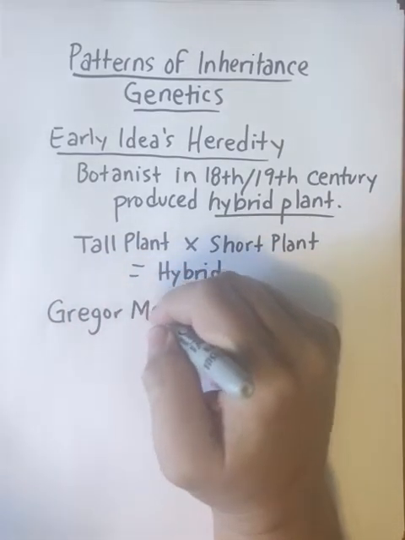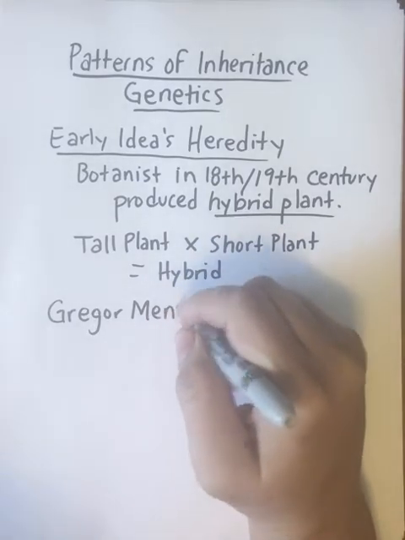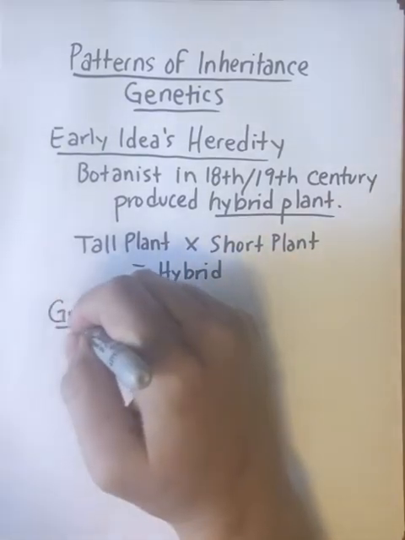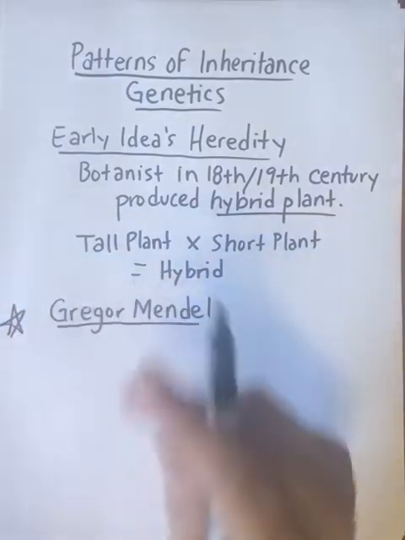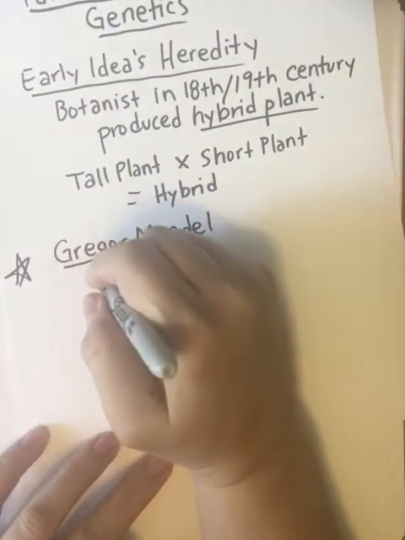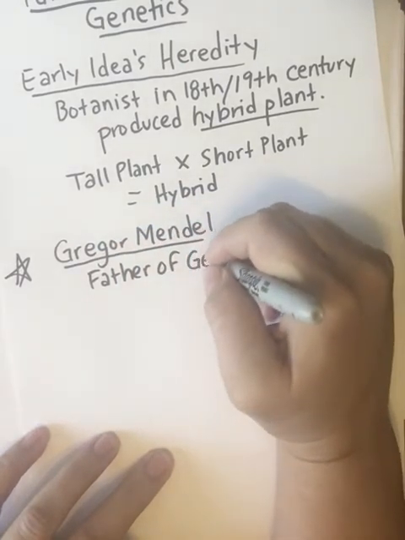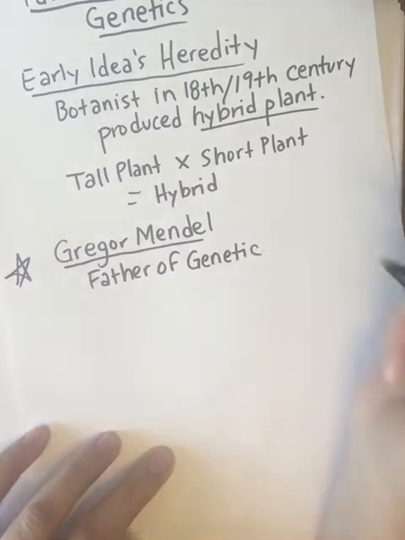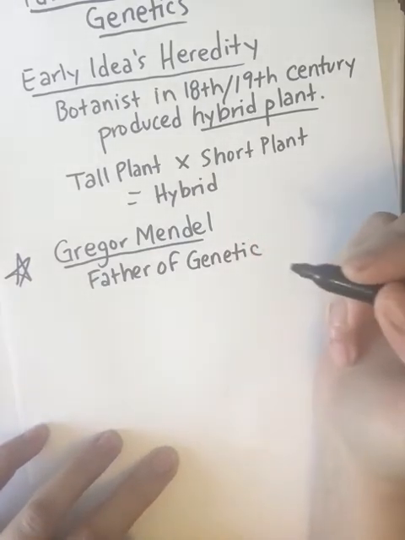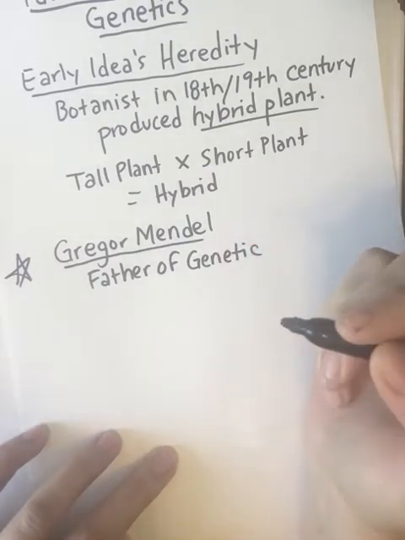He was an Austrian monk, and he studied pea plants. Everything that we've learned about inheritance and genetics comes from Gregor Mendel.